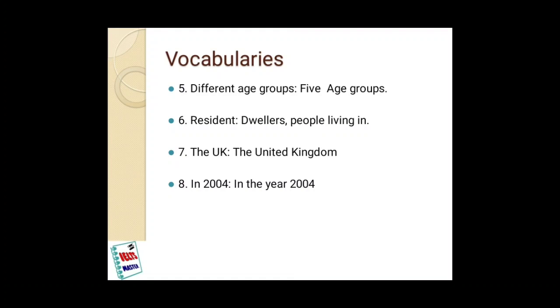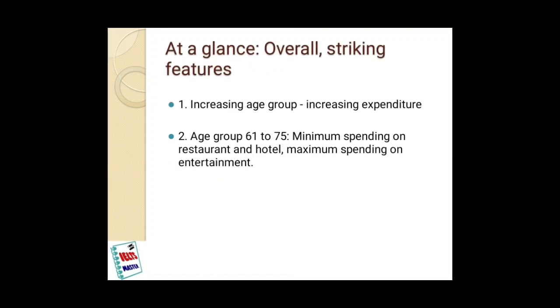At a glance, when I'm trying to see the striking features for the overall paragraph, I look for something that stands out from the rest of the categories. I can see there are two striking features here.